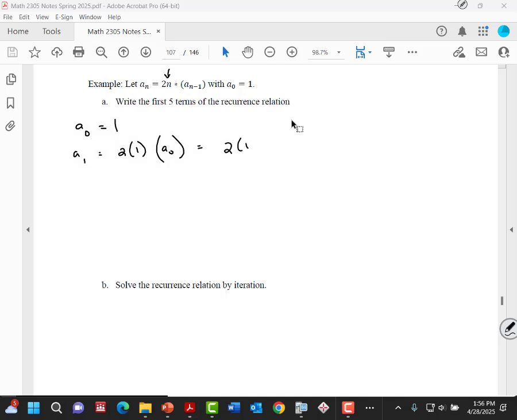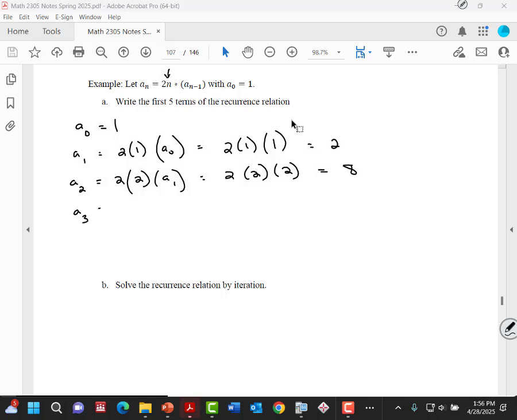So that's 2 times 1 times 1, that's 2. Okay, A2. This would be 2 times the current index where I'm at, that's 2, times the term prior, A1. Okay, so that's 2 times 2. A1 is 2, so 2 times 2 times 2, that is 8.